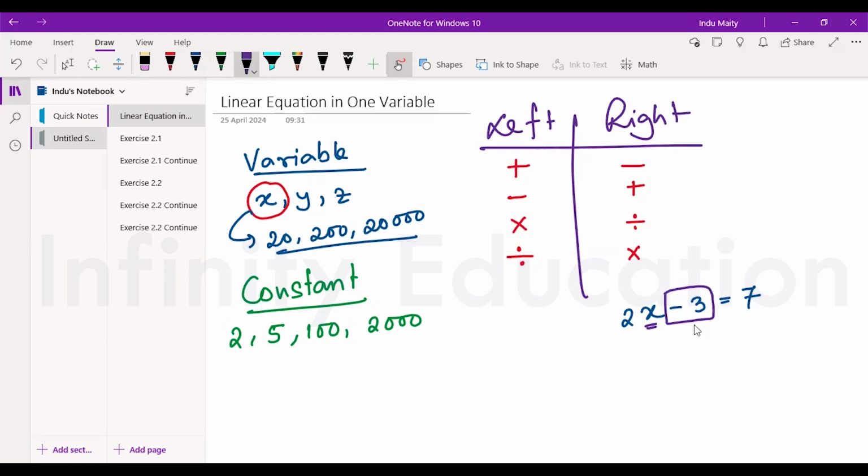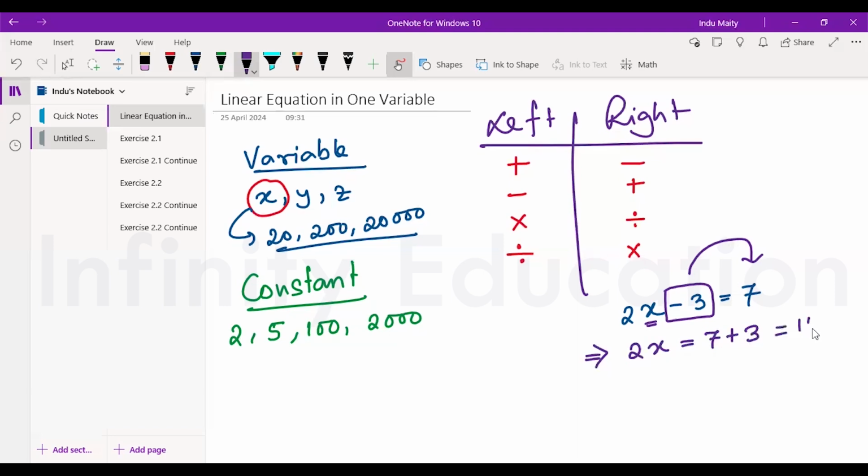So this negative 3 needs to go to the right side. As per the rule, if we take the negative to the right side, the negative 3 will be positive 3. So on the next line, we can write 2x is equal to 7 plus 3, which is 10.